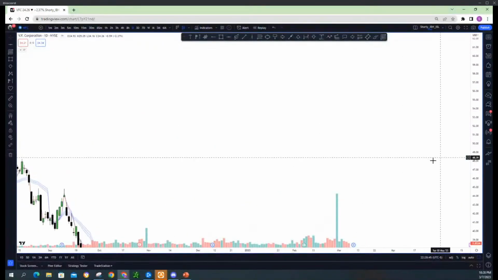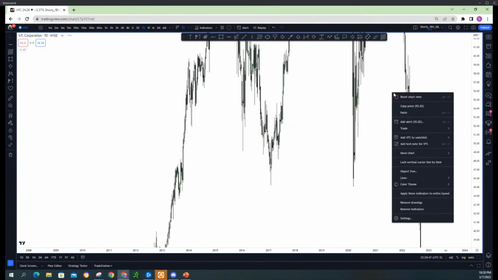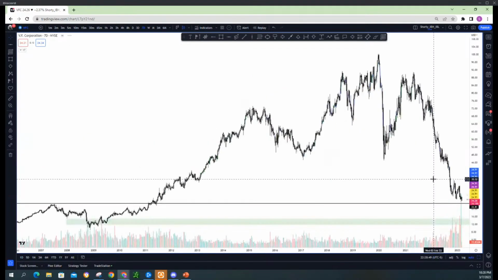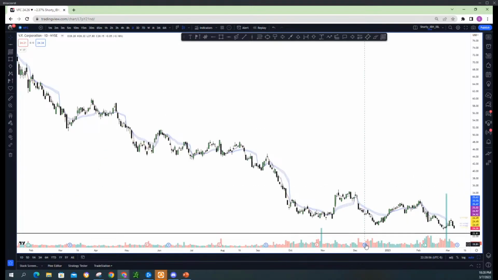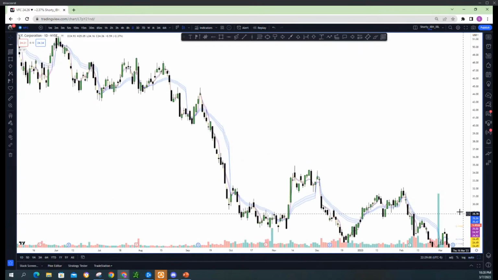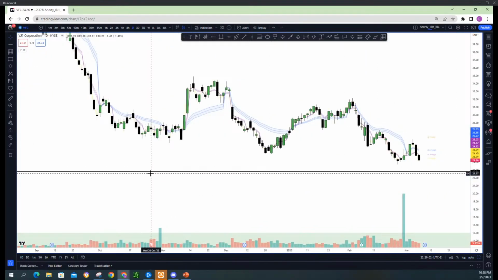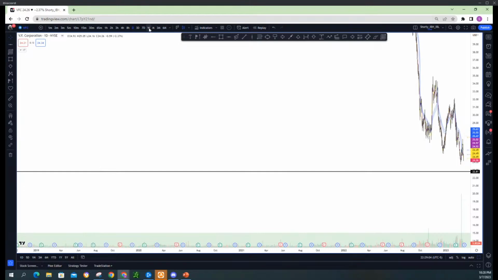This is coming up to another good level for me. Yeah, I'd be interested in this level. This is a really good level, and they have really good dividends too. 51 cents. So if you can get this cheaper, that's a steal.